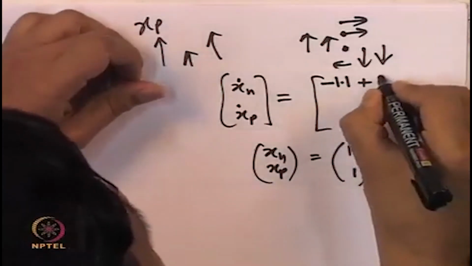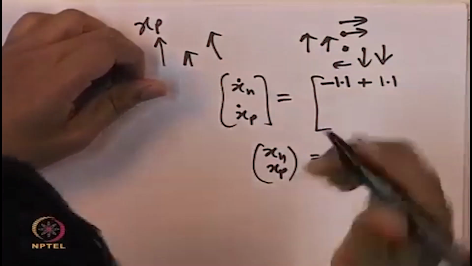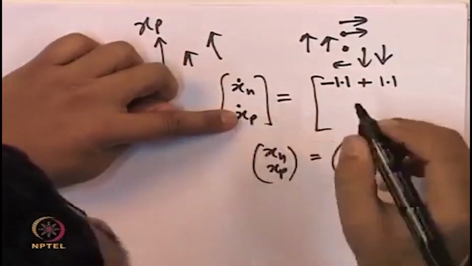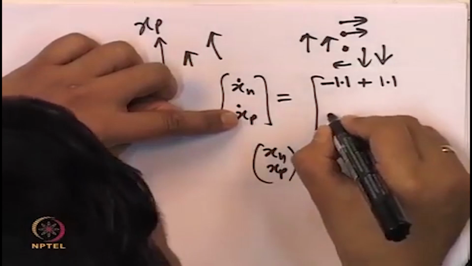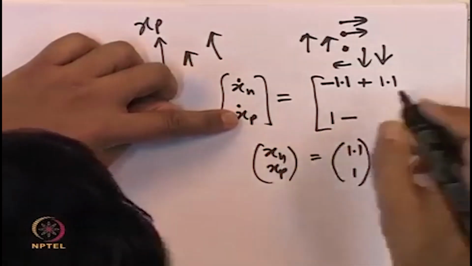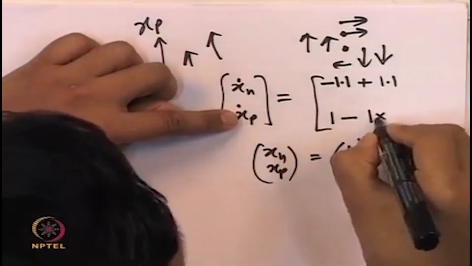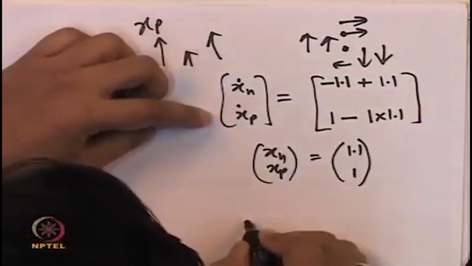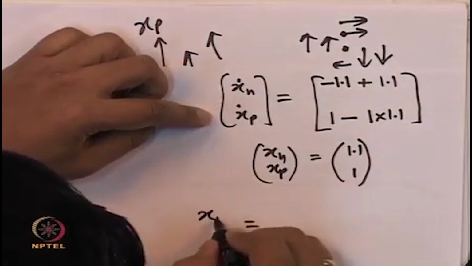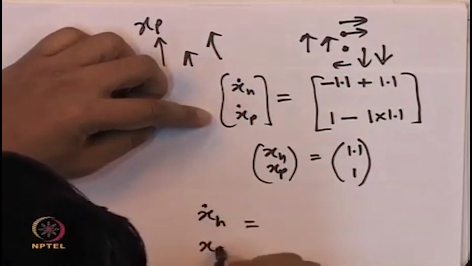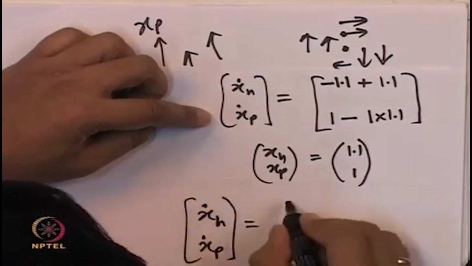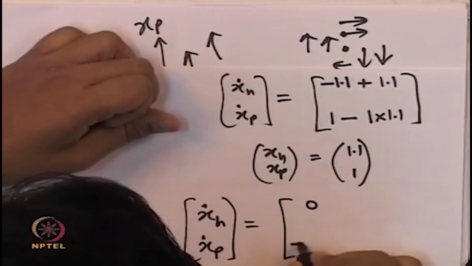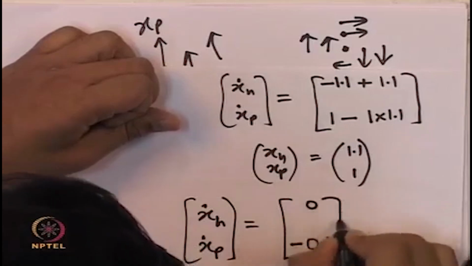So, this is equal to 0. And the XP population, the rate of change of the prey population, is equal to 1 minus 1.1 into 1. So, this turns out to be, XH dot, XP dot, the top component is 0 and the lower value is minus 0.1.